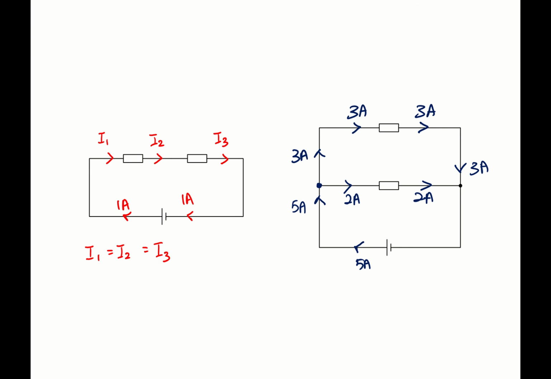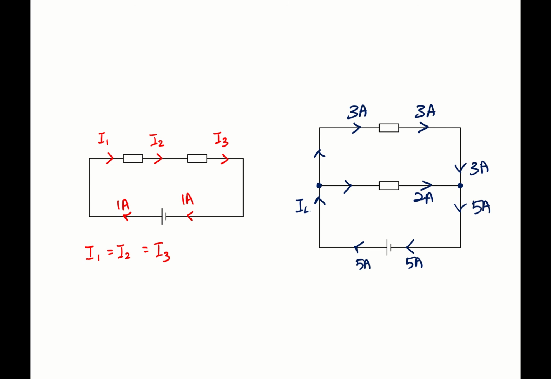And the 3 ampere and the 2 ampere are going to meet at the next junction, and they're going to recombine into 5 ampere. And 5 ampere is going back into the battery. So in this case, let us represent it in a generic form.